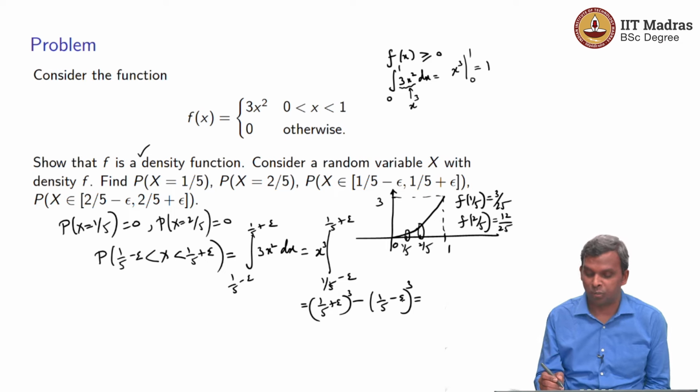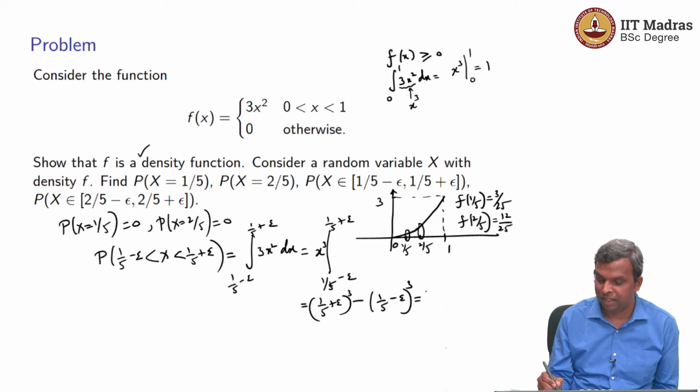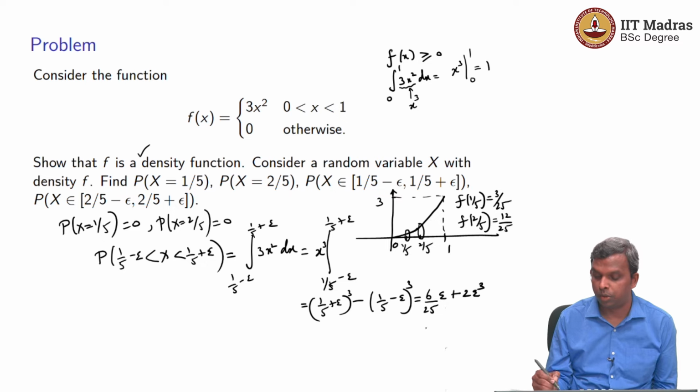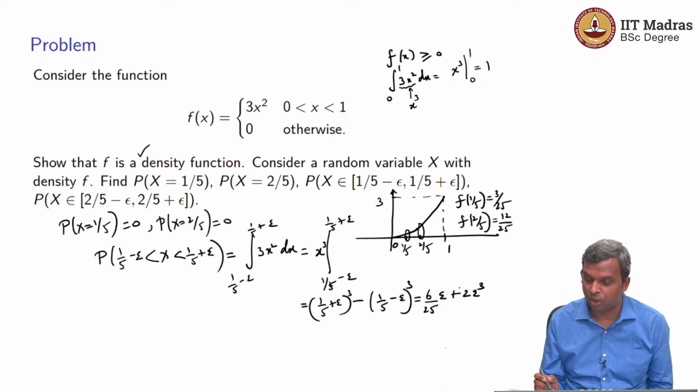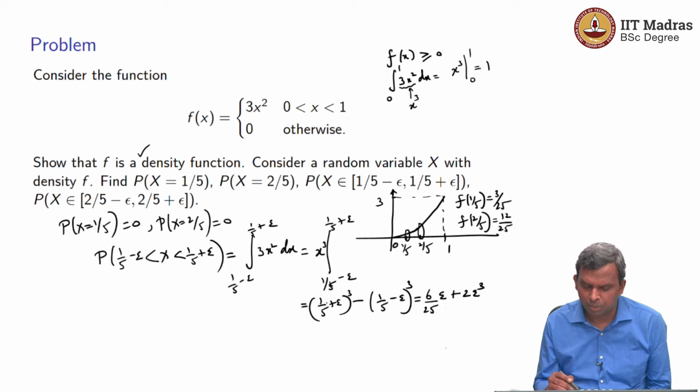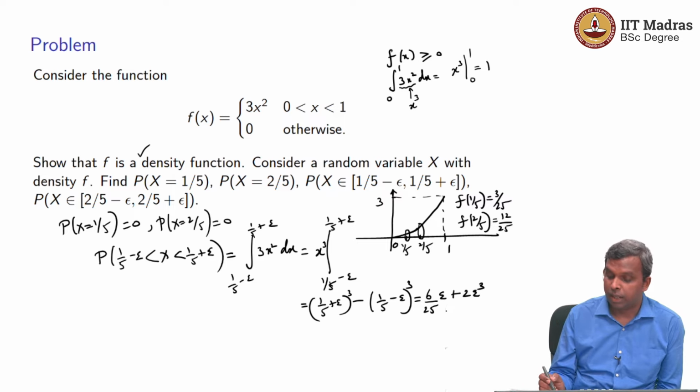I hope I'm right here, you will get 6 by 25 epsilon plus 2 epsilon cubed. I think this is the correct answer. Let me just make sure I get that right. 3 by 25 epsilon minus 3 by 25 epsilon, the other ones get cancelled. Yeah, I think this is correct. So you get this value.